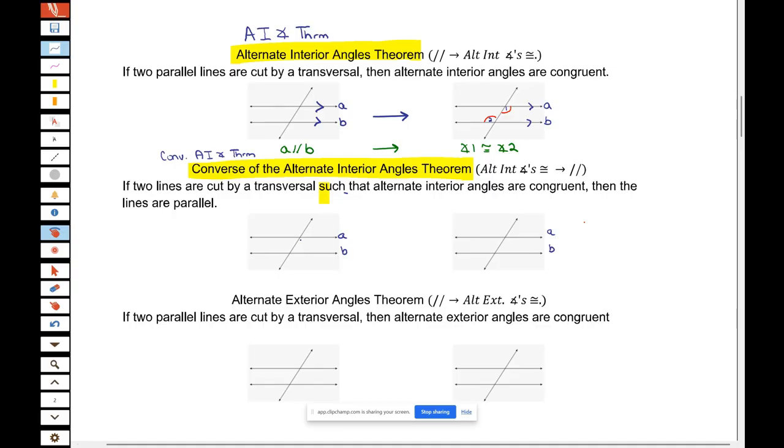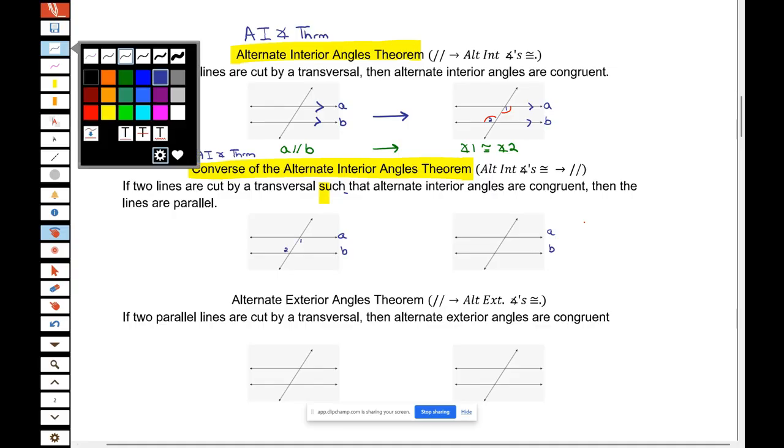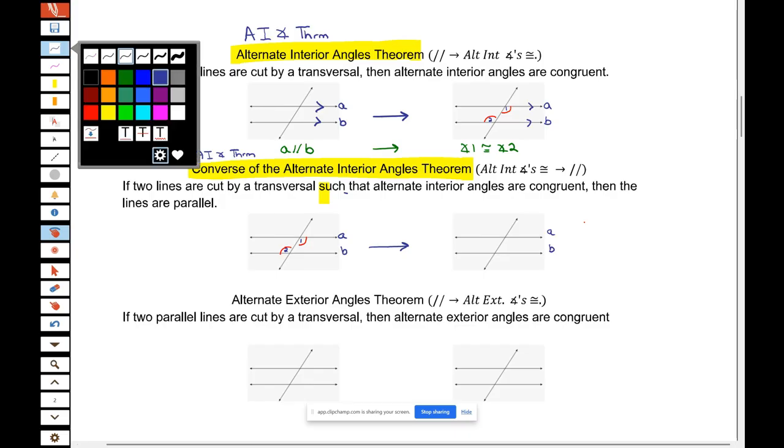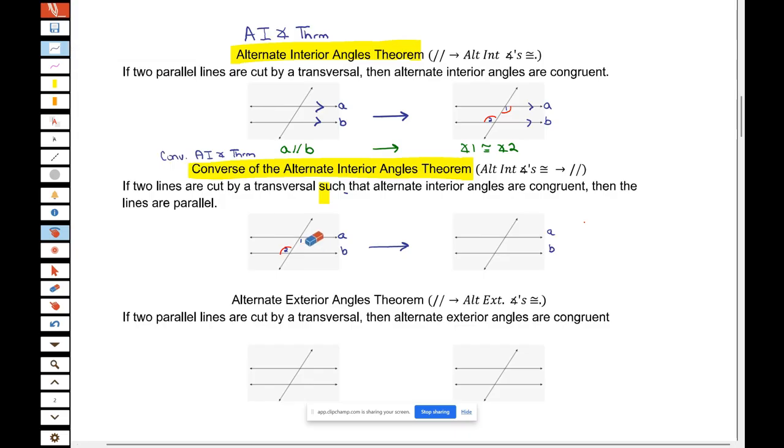So, if angle 1 is congruent to angle 2, then we can conclude that A is parallel to B. So angle 1 is congruent to angle 2, which is allowing us to conclude that the lines are parallel. All right, if we want to write that in symbols, angle 1 is congruent to angle 2. That allows us to conclude that A is parallel to B by the converse of the alternate interior angles theorem.